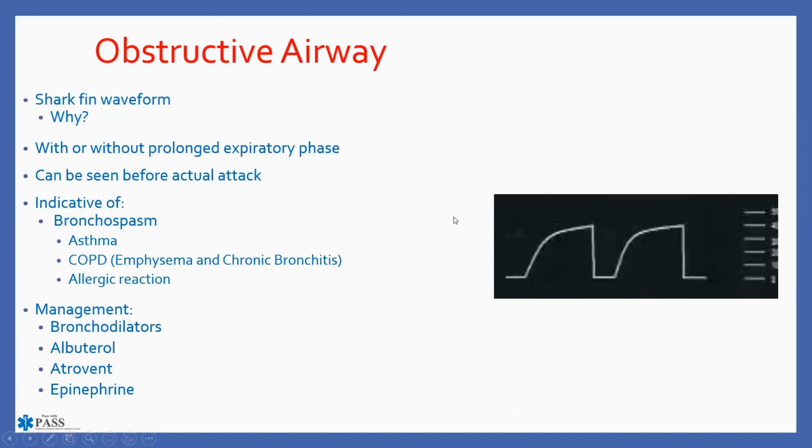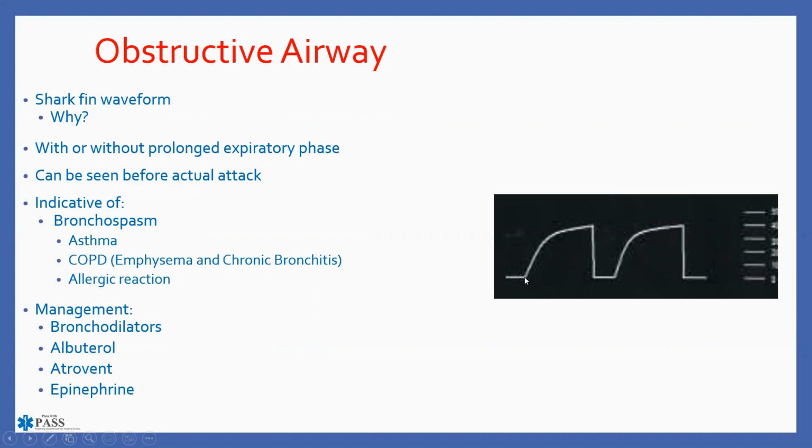All right, what about an obstructive airway? So let's go back and just talk about this for a second. Remember, phase one, we have just baseline. Nothing's really happening. Phase two is the respiratory upstroke, and this is where this waveform ends up changing. If you recall back to an obstructive pattern, like patients that have asthma, COPD, allergic reactions, those are problems getting air out, not necessarily getting air in.